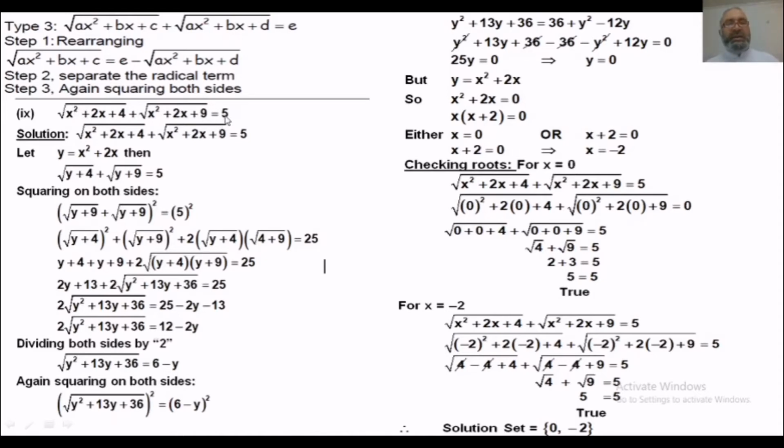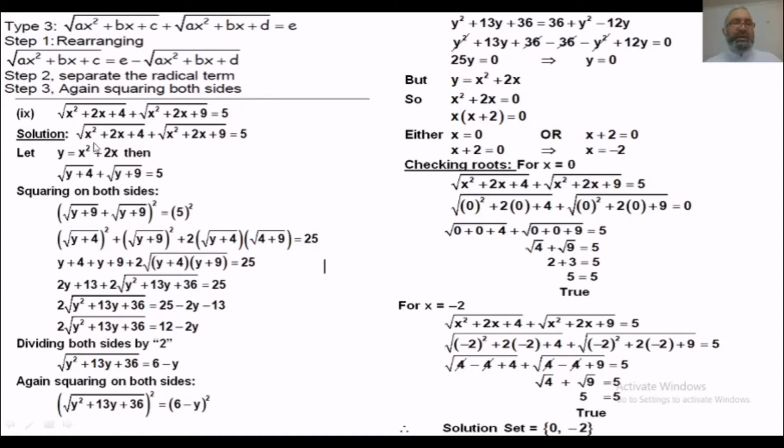On the right side there is a constant. By the first method, we transfer one term to the right hand side, then take the square, then separate the radical, and then again square. But by substitution, that is the simplest form.